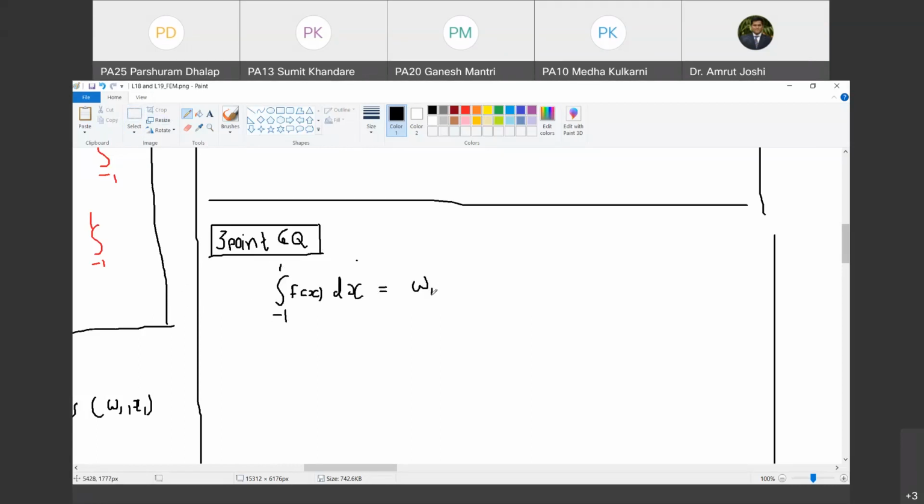So w1 is the weight assigned with the first point. It is w1 into f of x1, plus w2 into f of x2 and w3 into f of x3, where w1, w2, w3 are the weights and x1, x2 and x3 are the points in domain -1 to 1 where we are calculating the value of function.